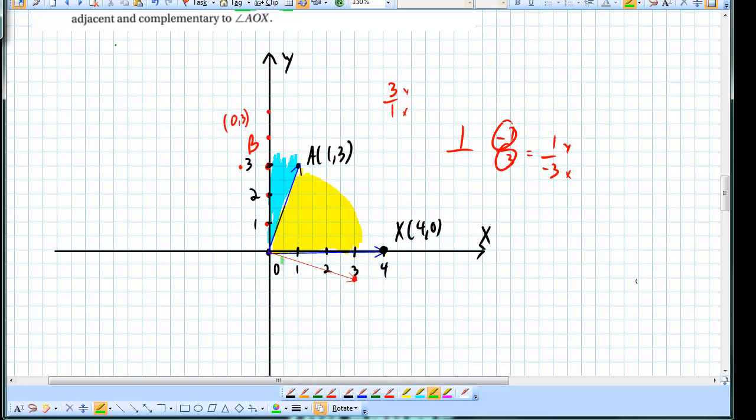Instead of the yellow plus the blue making a right angle, the yellow plus the green makes a right angle. And if you rotate your screen, you can see that makes a right angle right there. So point C, one of the points, could be at 3, -1.